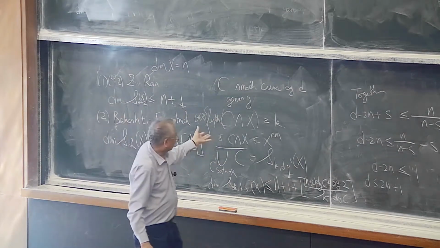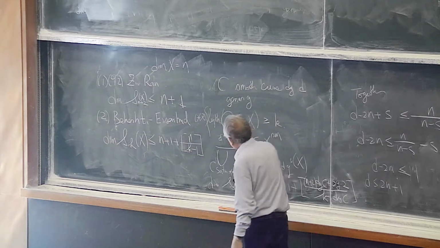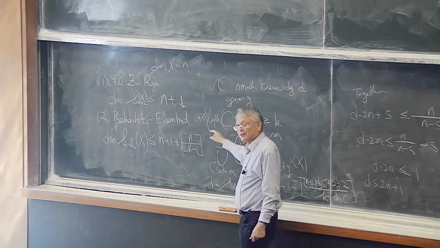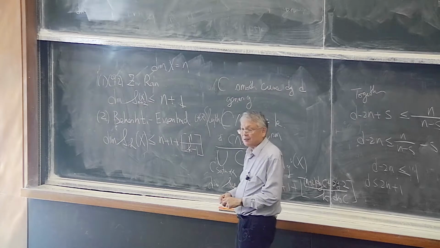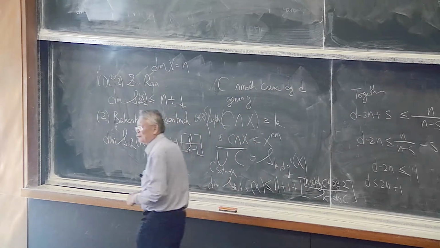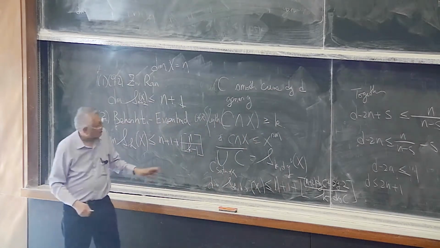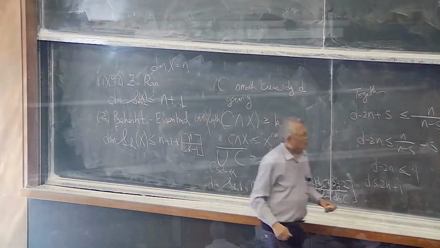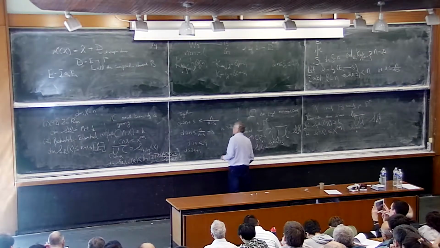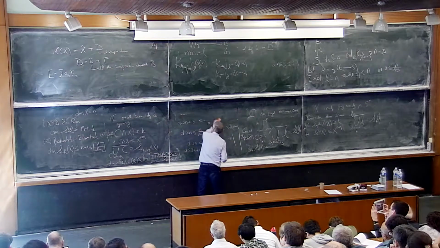And similarly, you can do this not just with lines, you can also do it with linear spaces. As long as the linear space intersect X is a hypersurface, then you can do a similar kind of estimate. So let me ignore that for a moment. Now, the proof of this sort of thing is rather trivial.